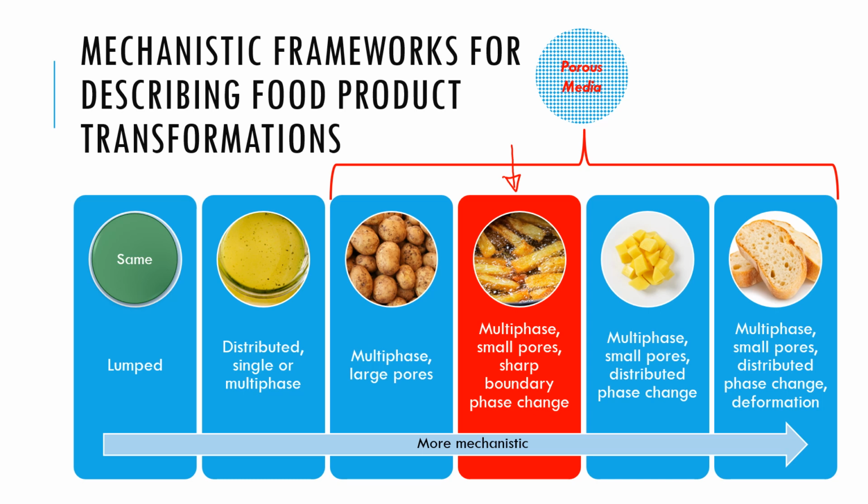And the one that we discussed in this one is where phase change happens at a sharp interface. This has its advantages. It can give simpler answers, and it can give good estimates in many situations, estimates of how long does it take to freeze or how long does it take to fry.